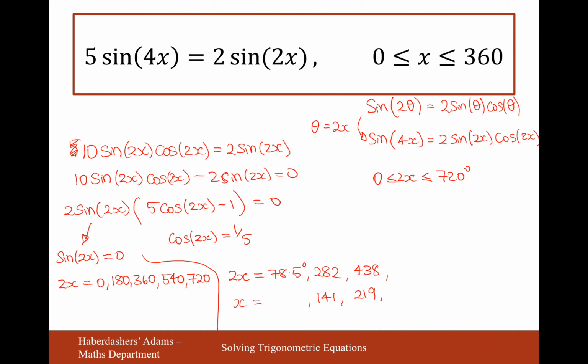And the last solution there will be 720 minus the angle A, so that's 642. Divide it by 2 now, and I'm going to get 321. Going back to the first solution there, A divided by 2 was 39.2.